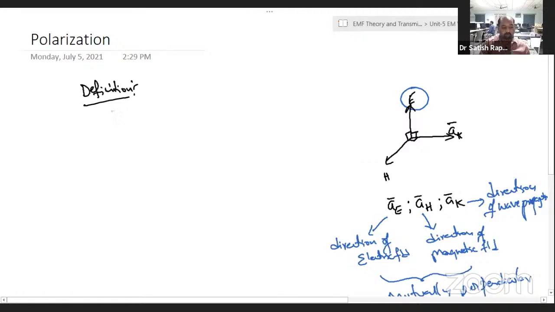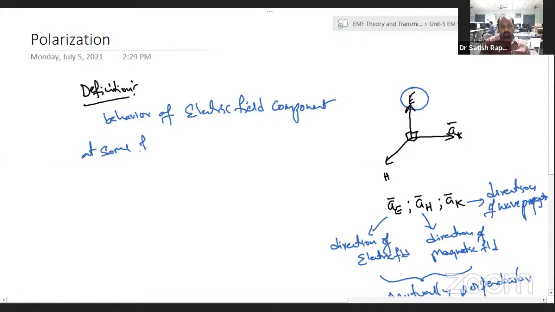So therefore behavior of electric field component at some fixed point in space is called as polarization, right?